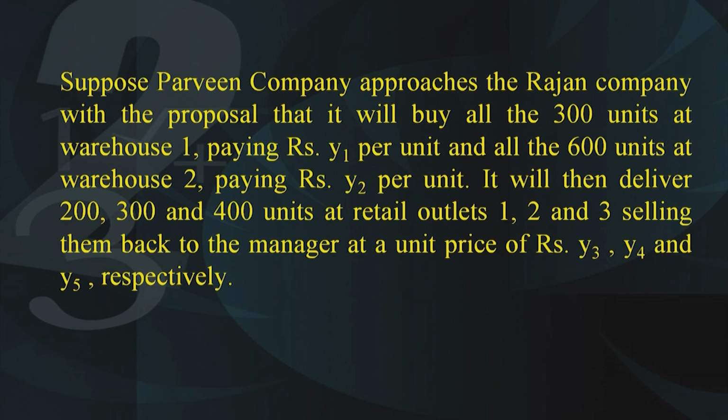So, basically the idea is that an intermediate manufacturer, let us say by the name of Parveen company, has entered into the picture and he has given a proposal that first it will transport from the warehouses and then supply them to the retail, and this is done with the help of new variables Y1, Y2, Y3, Y4 and Y5 as has been mentioned just now.